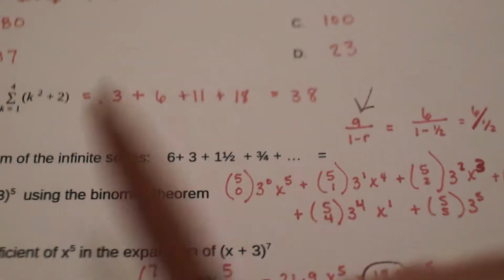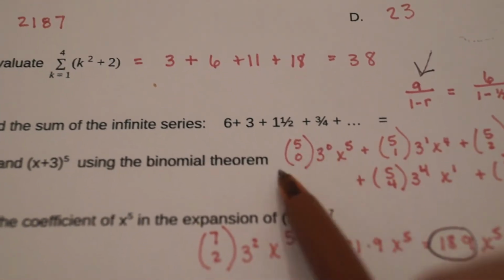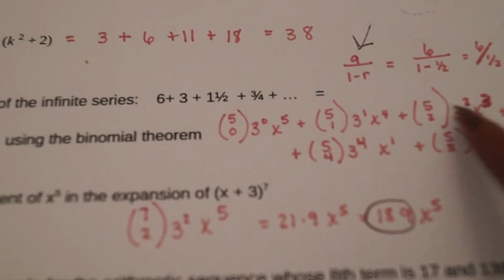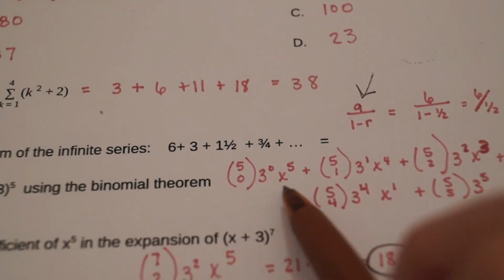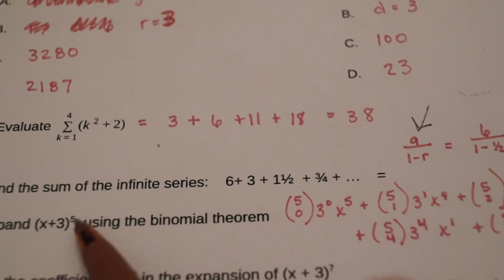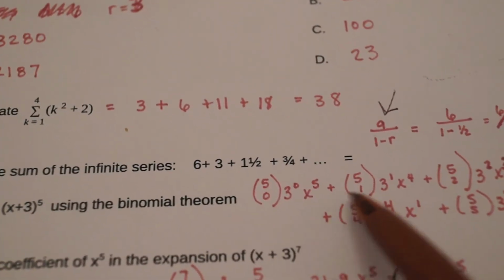This number comes from here, it's the constant. So it's 3 to the 0, it's going to be the same number that's on the bottom, and it counts up each time. So it goes 0, 1, 2, and so on. And then this x to the 5th is because that's the variable, and we start with the same number that's in the top, and we count down every time.